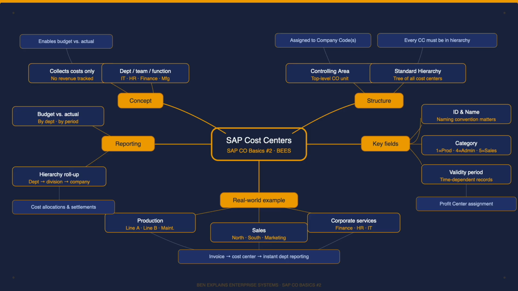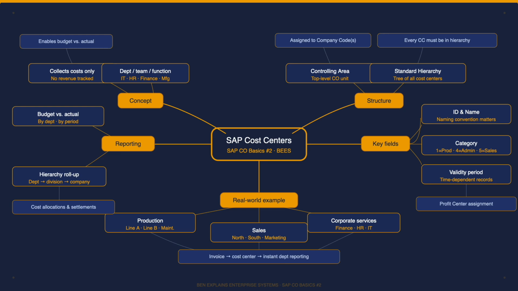They sit within a controlling area and are organized in a standard hierarchy. Key setup fields include the ID, category, validity period, and profit center assignment. And when used properly, they give finance and management real-time insight into spending across the organization.